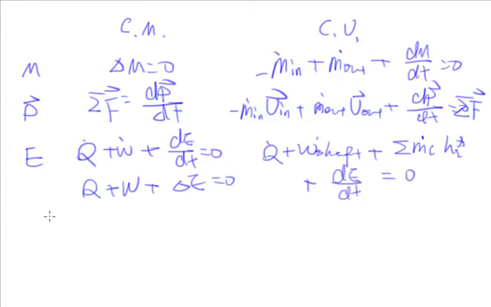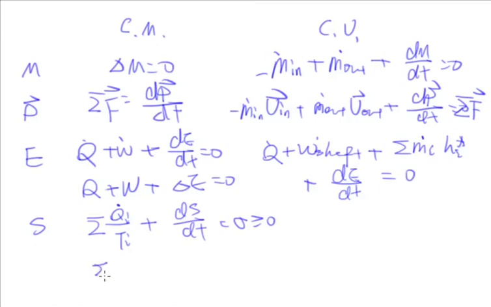Now let's finally look at entropy. So entropy flux plus the change of entropy equals entropy generation, which is non-negative, or the time integrated form. For control volume, we also have mass flux.